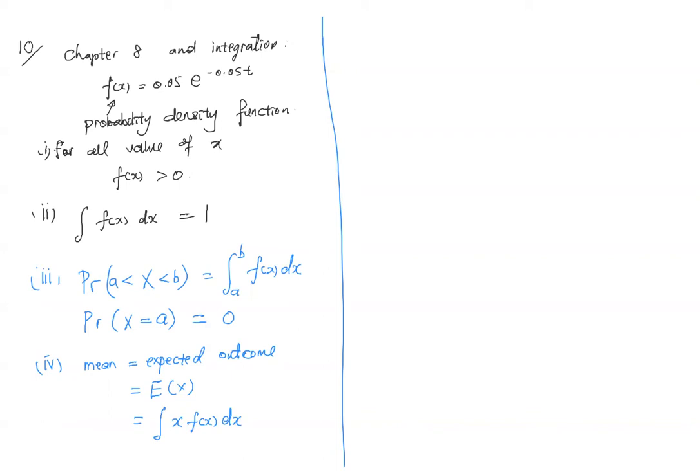Fifth, standard deviation. If we want to find standard deviation, we take the square root of the integral of x squared fx dx, take away mean squared.